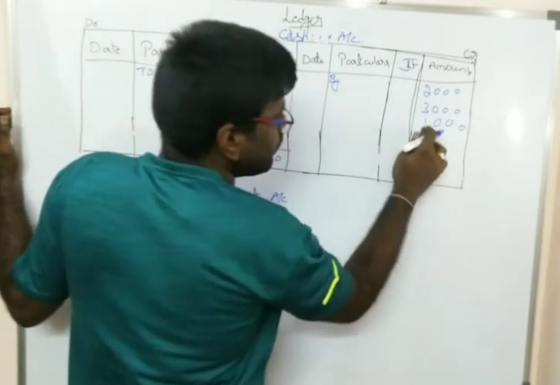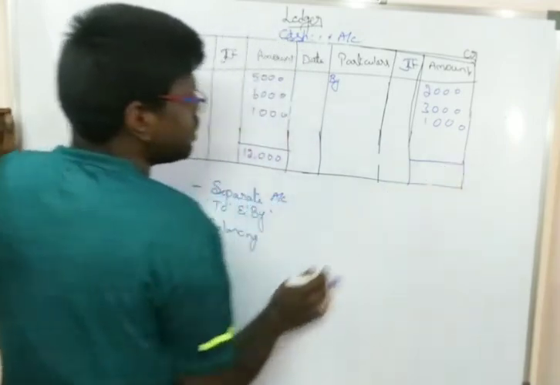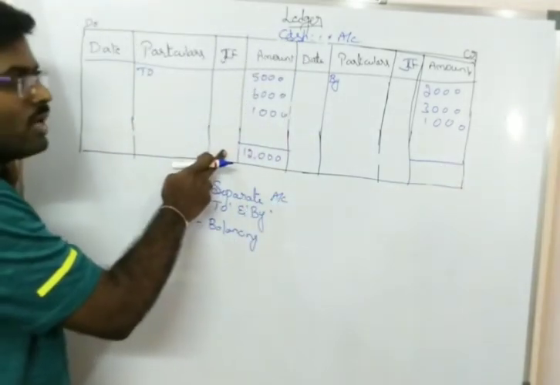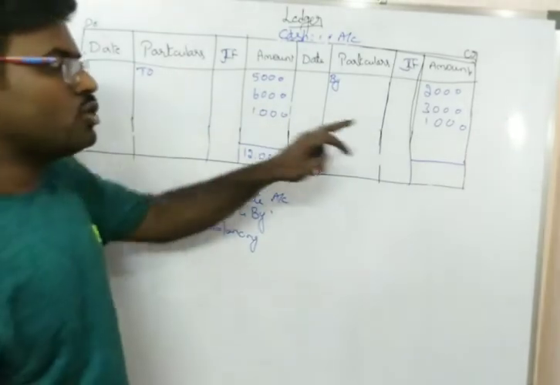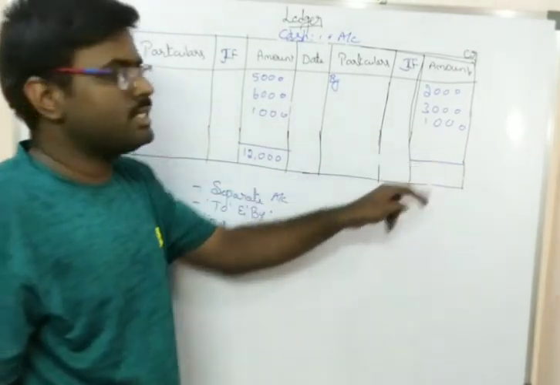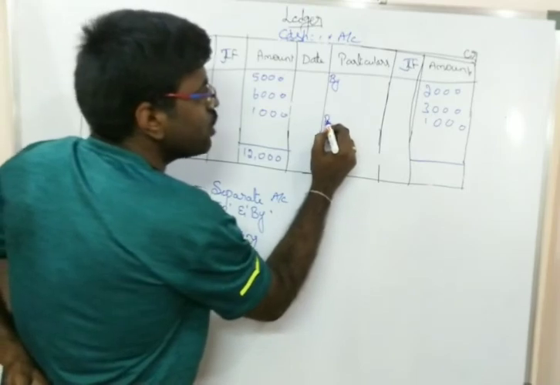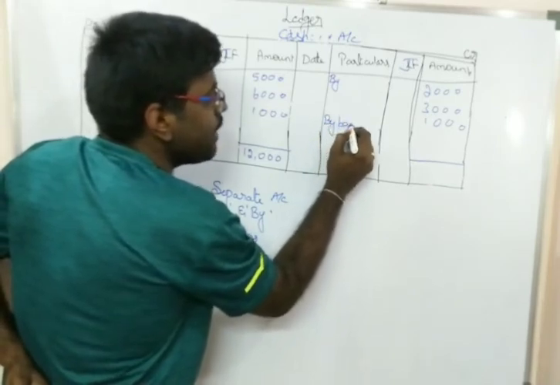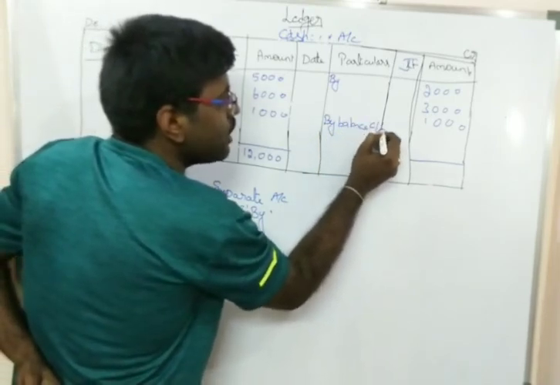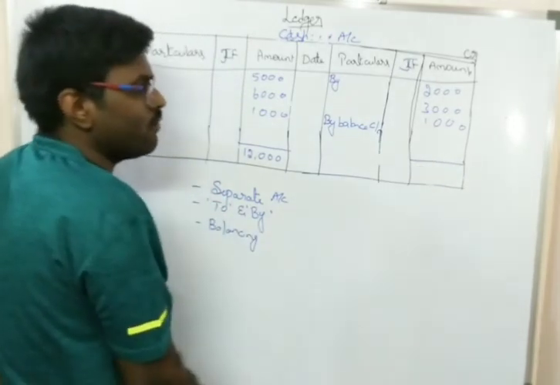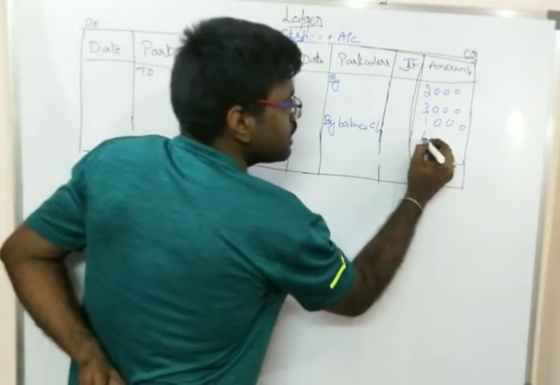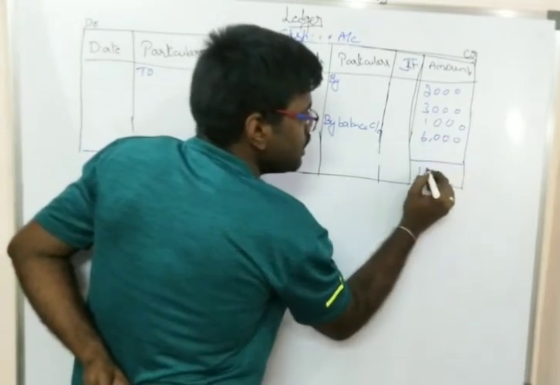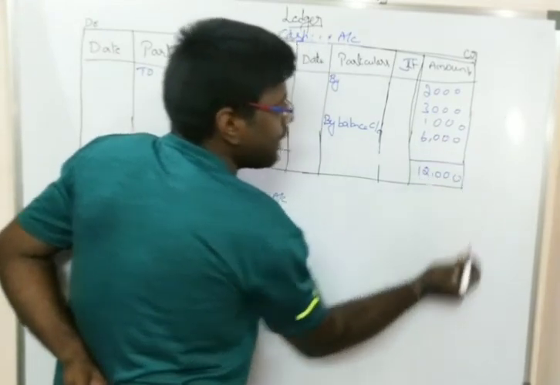Here the total becomes 6,000. Now on the debit side we have 12,000, on the credit side we have only 6,000. So there is a shortage of amount on the credit side. In such cases we write it as by balance carried down. Whatever shortage we have, that we write. So here we have 6,000, the total is 12,000, so the balance will be 6,000 and we make the balance.